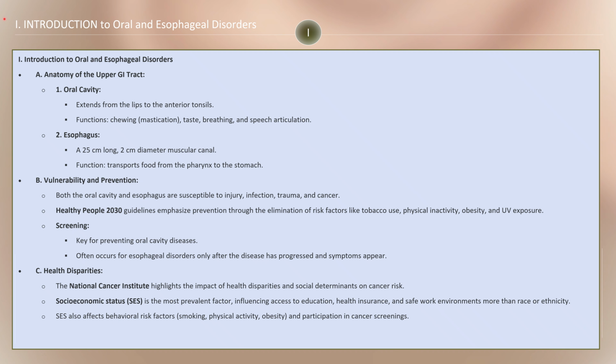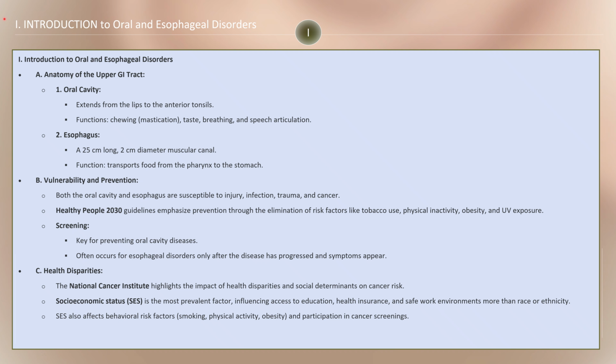Vulnerability and prevention. Both the oral cavity and esophagus are susceptible to injury, infection, trauma, and cancer. In Healthy People 2030, because this year we are in 2025, the guidelines emphasize prevention through the elimination of risk factors like tobacco use, physical inactivity, obesity, and UV exposure.